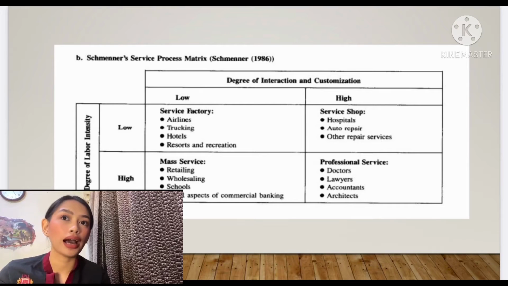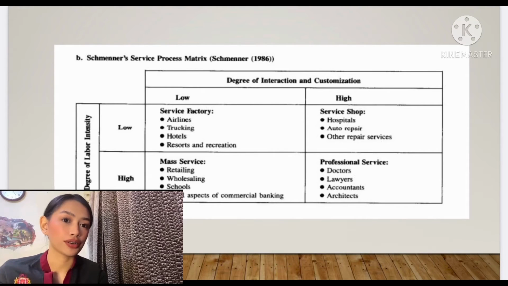And under the high are service shop and professional service. On the side, it indicates degree of labor intensity, and it also has two columns which are low and high. Under the low are service factory and service shop, and under the high are mass service and professional service.